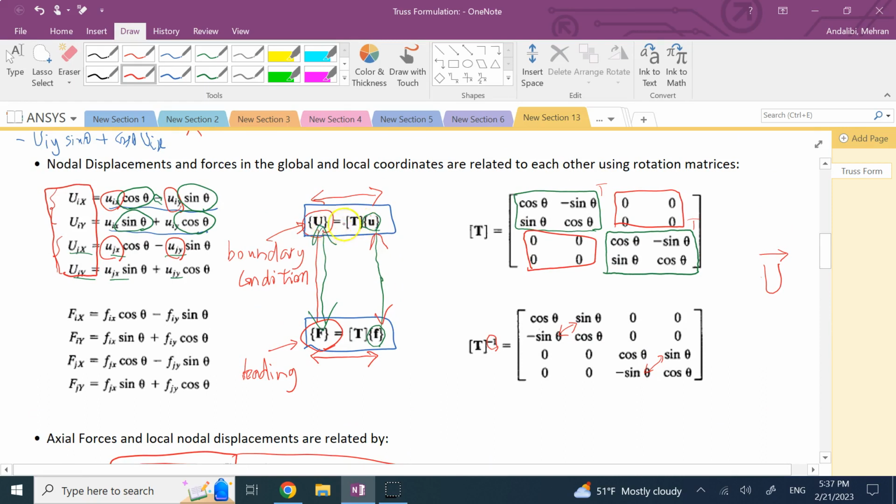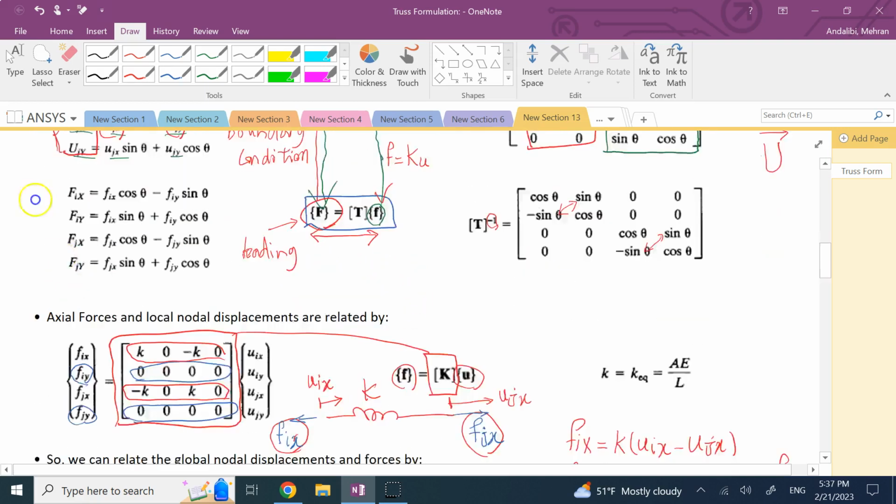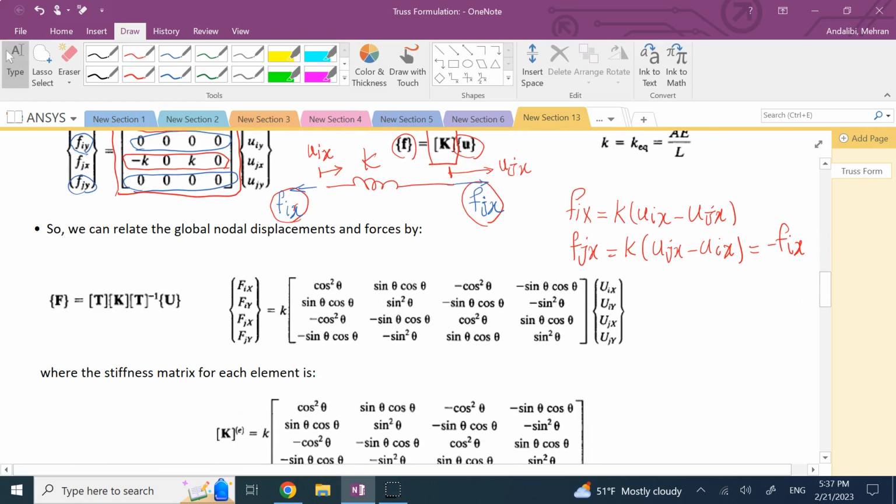So I go from the small u to big U and small f to big F by a T. And then f here is what? k times u. So all I need is to plug in these three relations to go from big F to big U, or vice versa. And that's what you see here.